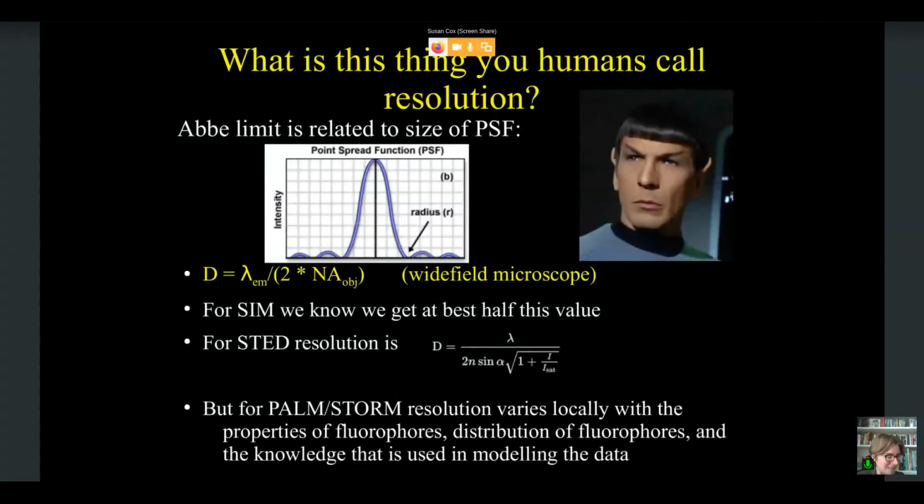Now, when I started out in microscopy, I felt like I understood what resolution was. It's fairly easy to show people 2 blobs and then have them move together and then see at some point they disappear into each other and you can't see them anymore. So this is a pretty easily understandable way of describing resolution, and you can write it down in the immortal form of the Abbe limit, with which we are all, I would think, very familiar.